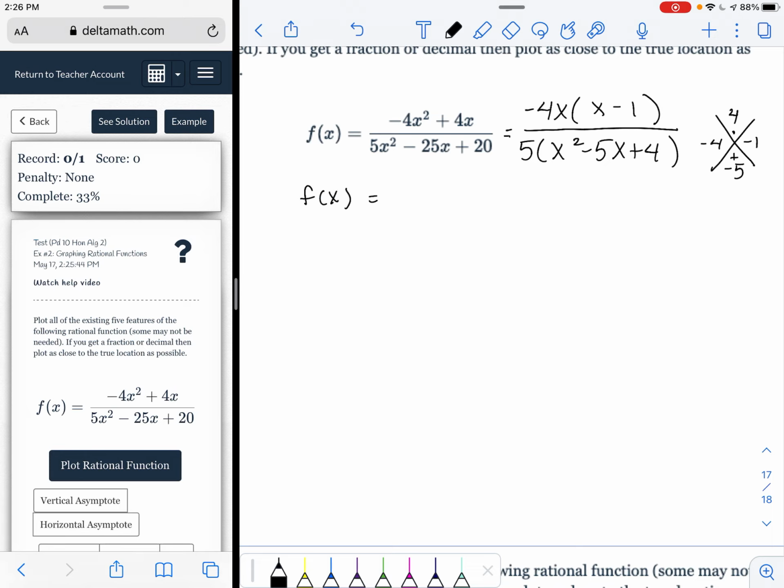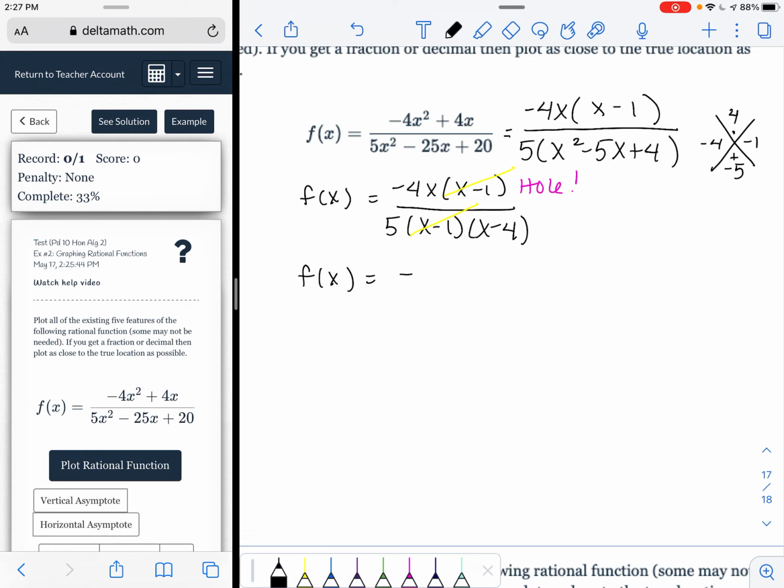So I'm going to go down here now and say, okay, f of x is really equal to negative 4x times x minus 1 all over 5 times x minus 1 times x minus 4, right, from our factoring. But oh, look, now we can cancel this out. So we're going to have a hole.